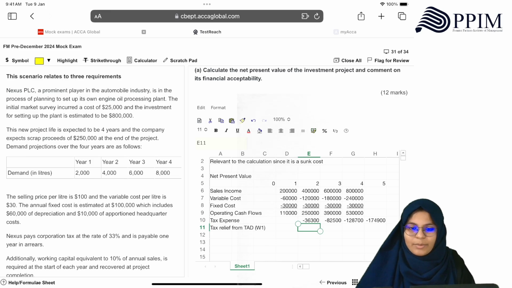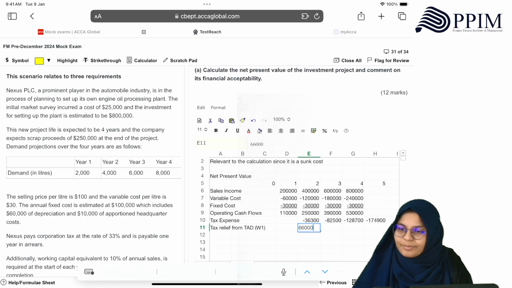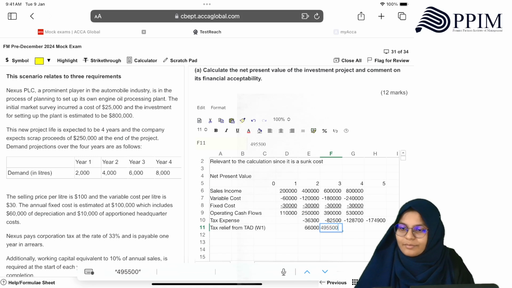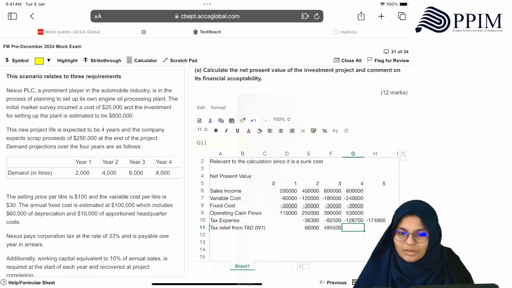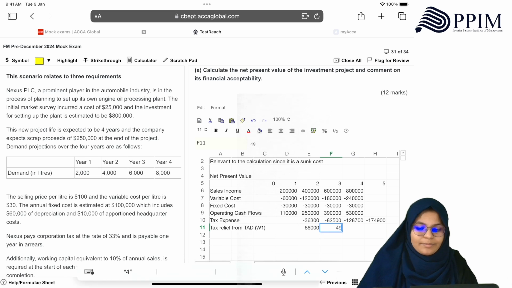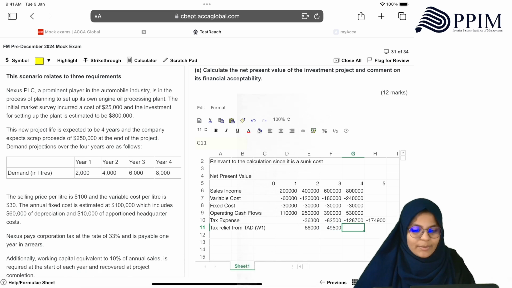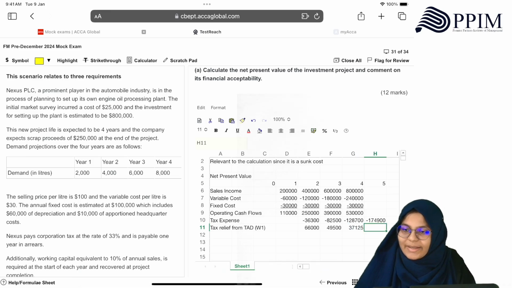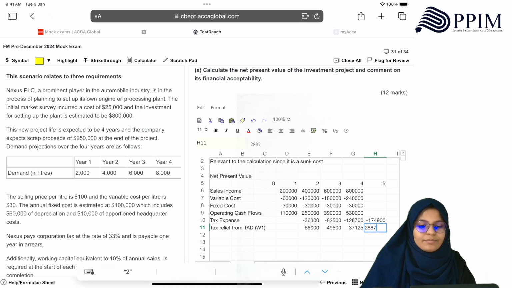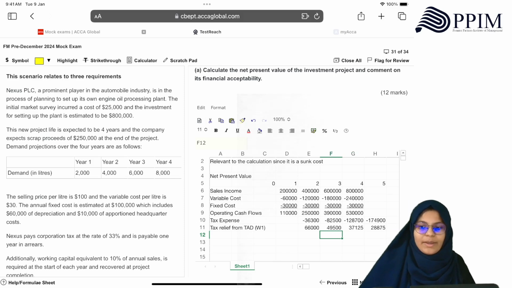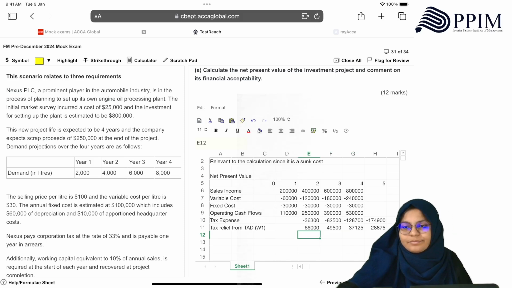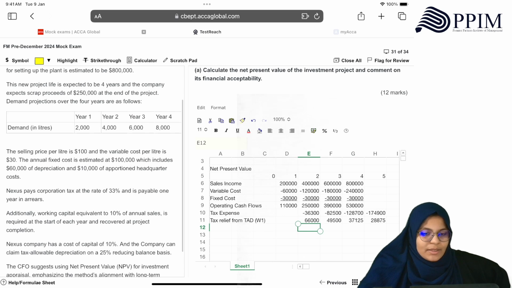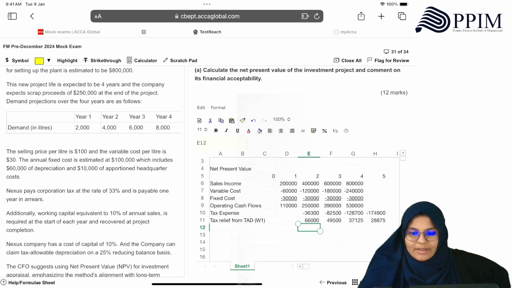So I'll copy down those numbers. 66,000, then I had 49,500, 37,125 and 28,875. Okay, right. So that's the tax relief from tax allowable depreciation. Okay, if you have any questions you can ask me.